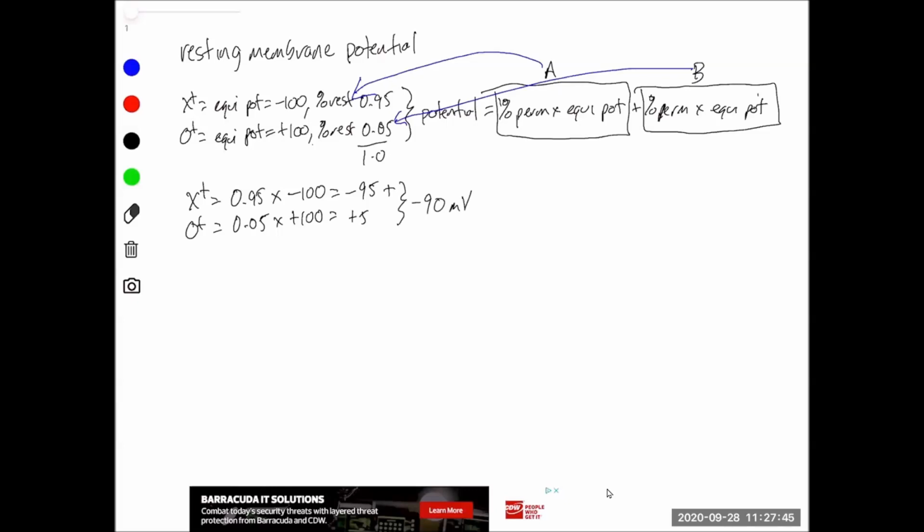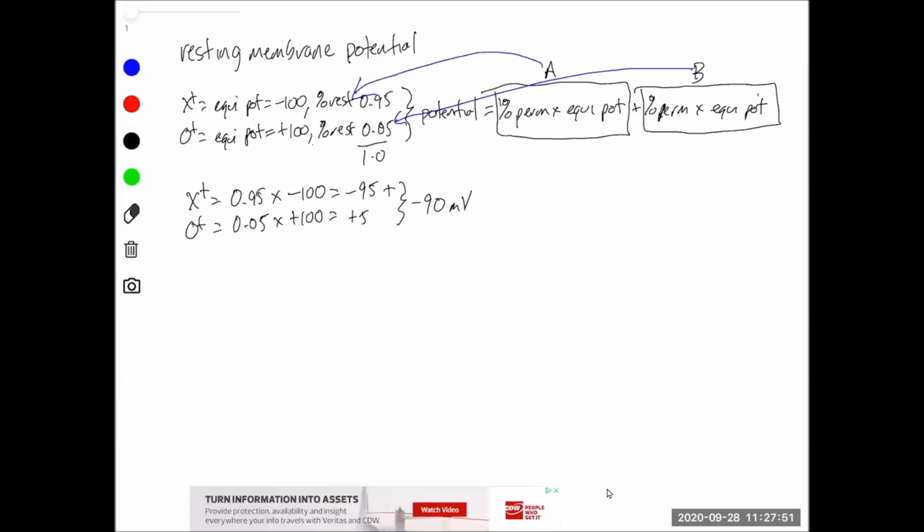Sorry, this is rest. So this is rest, minus 90 millivolts, and that's my resting membrane potential. I think it's easy to just do all of them while we're doing this because it's really the same problem, but all we have to do is change this part.